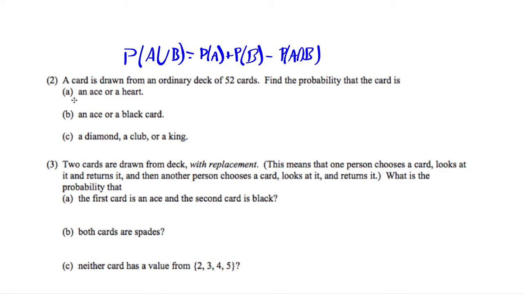We can assign the probability of it being an ace as probability of event A, and the probability we get an ace from the deck is 1/4. And the probability of event B, which we can say is a heart, is 1/13. So what's the probability we get A or B? That's 1/4 plus, actually I can use my common denominator, so 1/4 is 13/52 plus 4/52. That's the probability we get a heart.